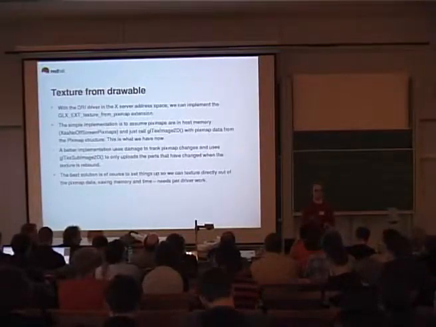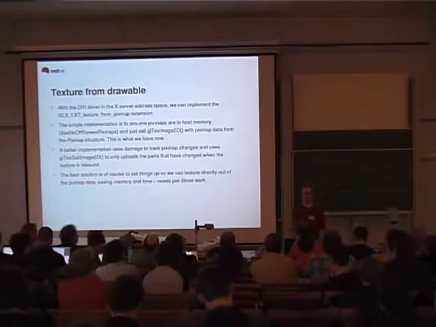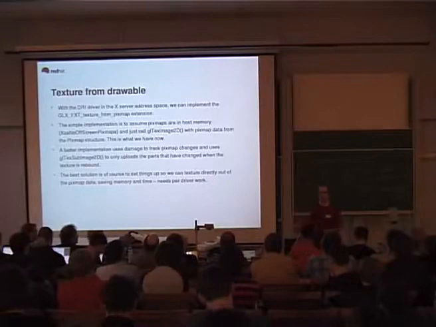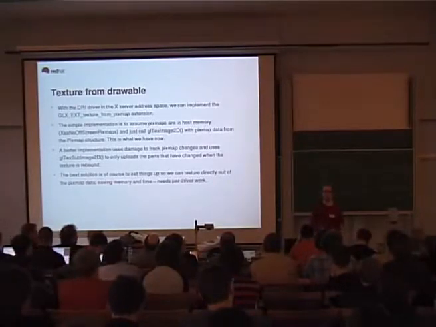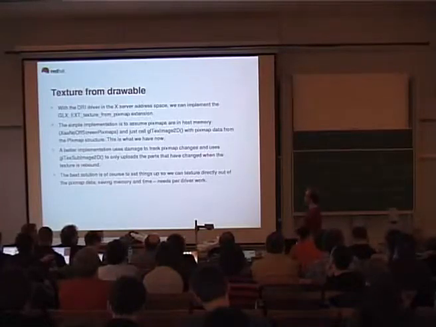Then when we want to render the triangle and use that pixmap as a texture, we can just point the 3D stack to that video memory area with the pixmap and use that as a texture. So that's the ideal case, but it doesn't work that way. I'll get into that later.